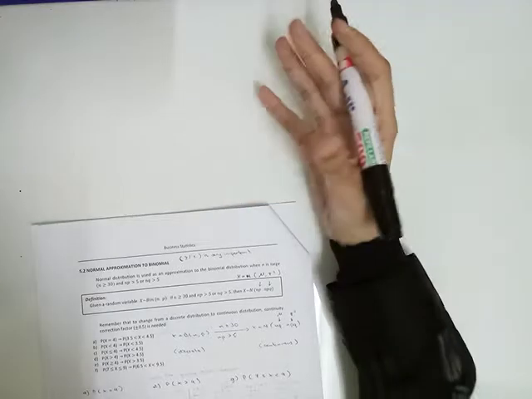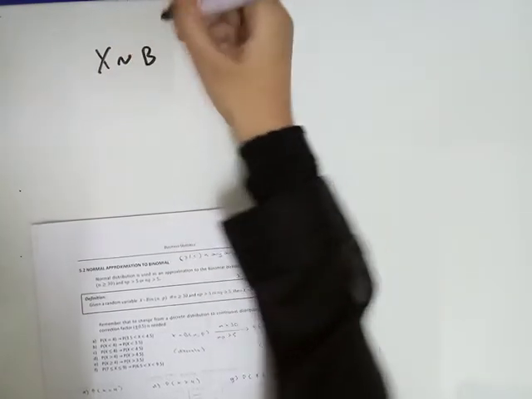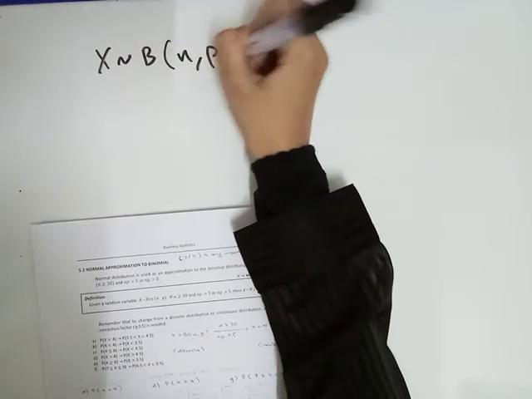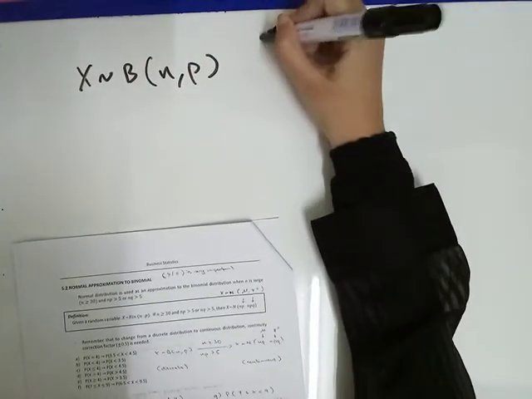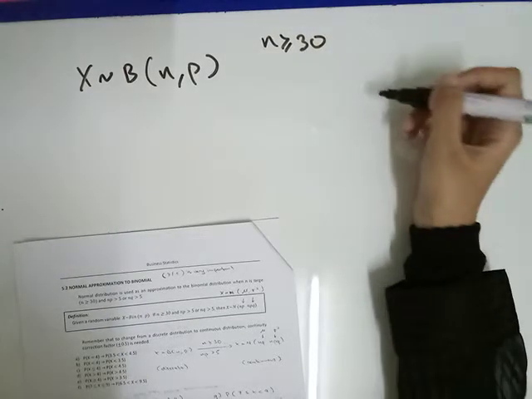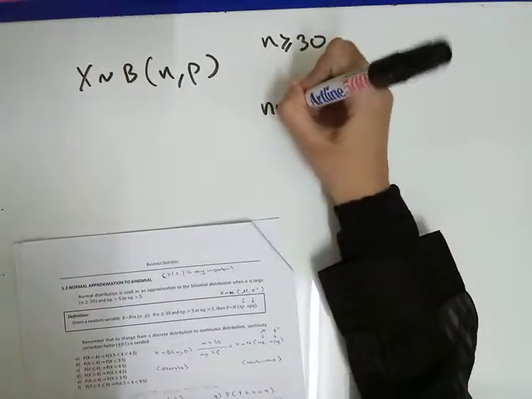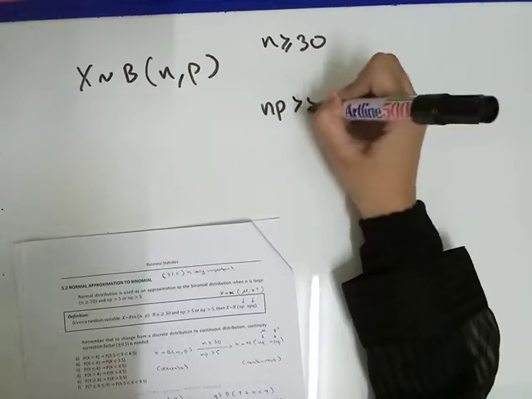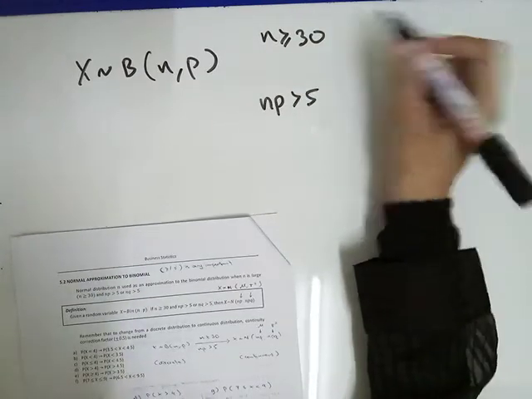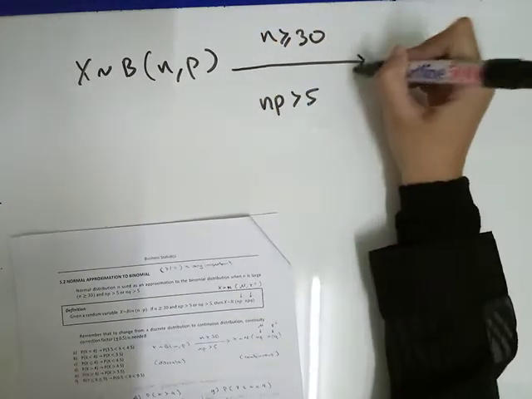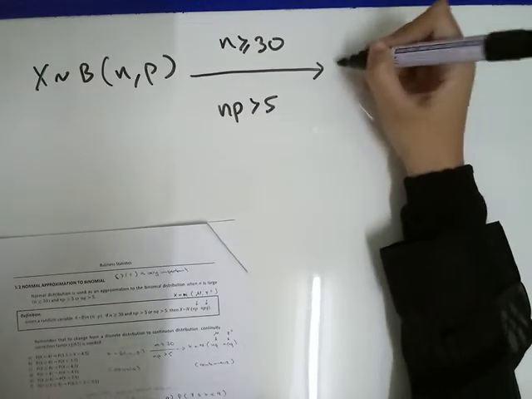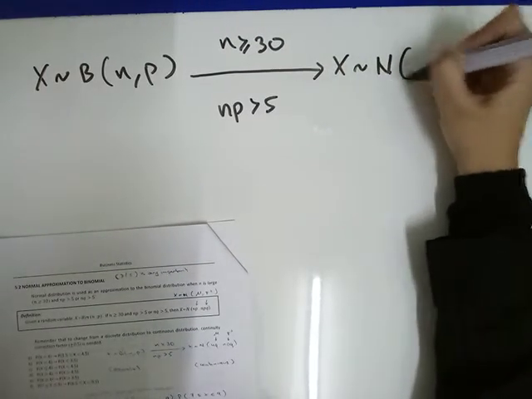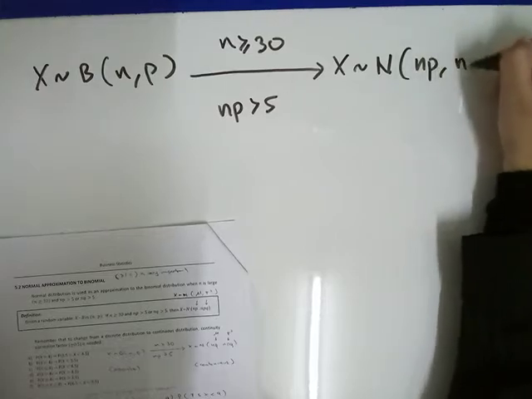That means, given a question about binomial distribution, X having binomial with n and p, when n is more than or equal to 30, and n times p is more than 5, we can use the normal distribution, X having normal with n times p and n times p times q.